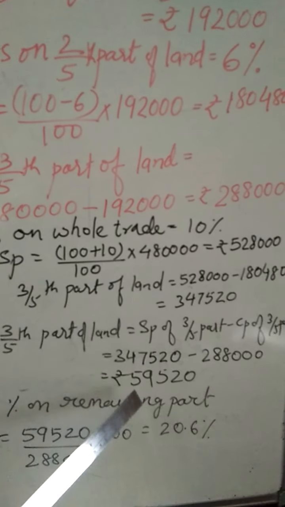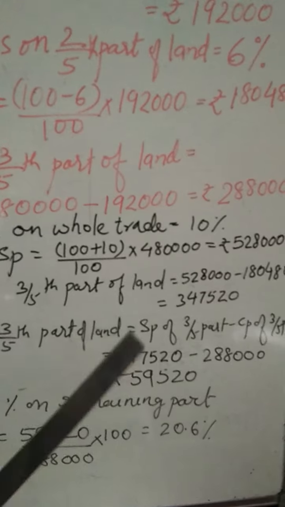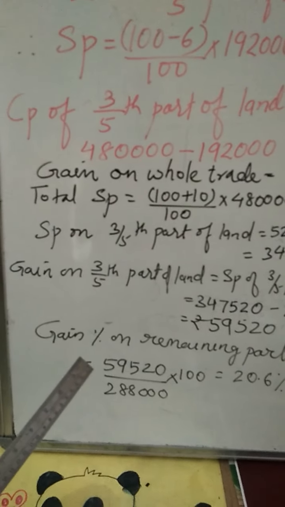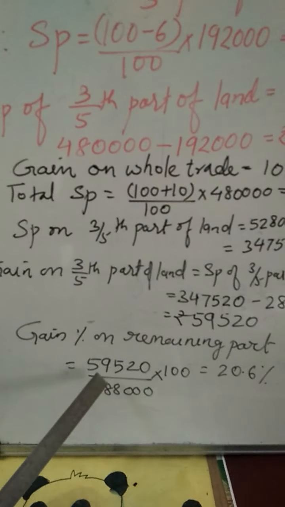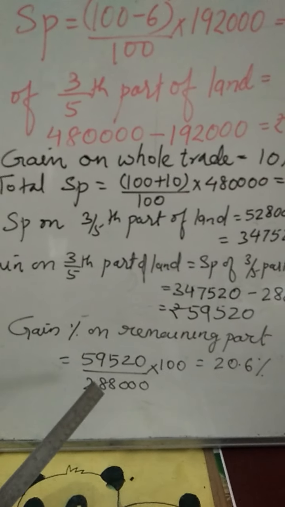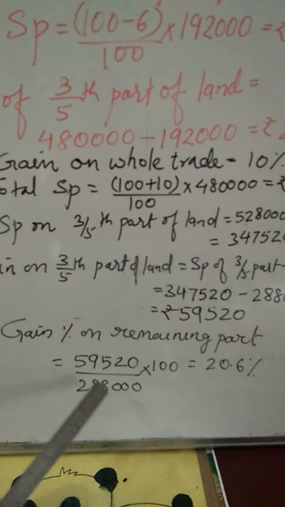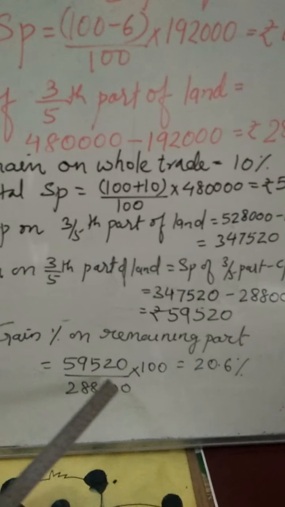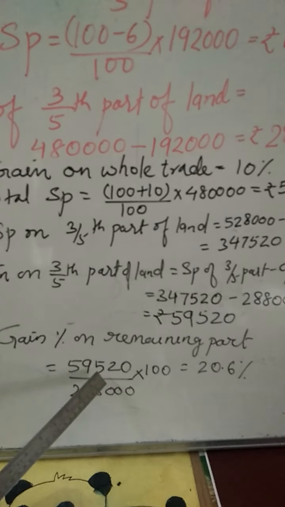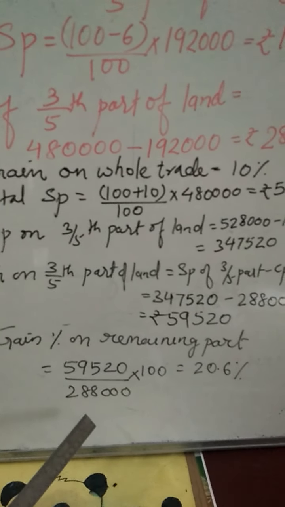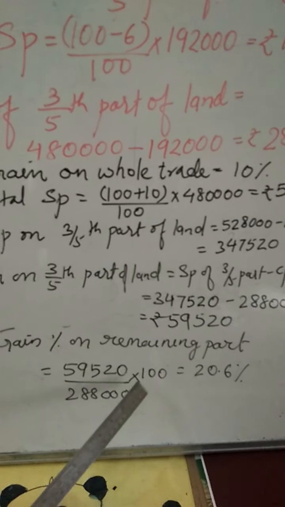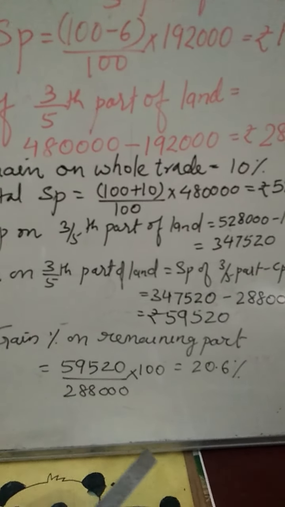Here you will get how much gain is required. Now we need to calculate gain percent, using the formula gain by CP into 100. So here is the gain of the 3/5 part divided by CP of 3/5 part into 100. So the answer is 20.6.